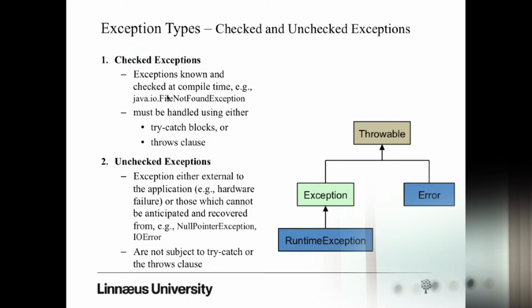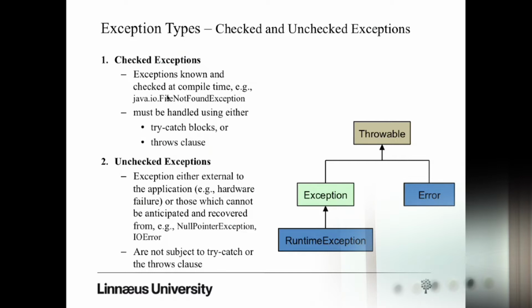On the second level, we have two major distinctions. One is the Exception class, and another one is Error. Error represents something more severe that cannot be handled at runtime, so it is likely not to be handled. And then there are also runtime exceptions.